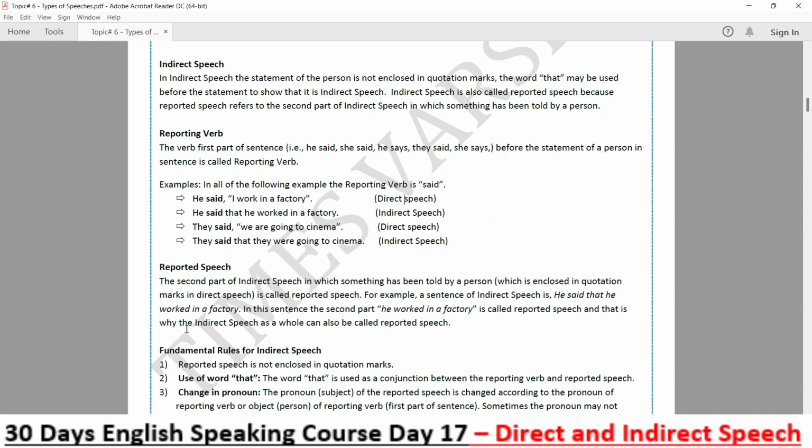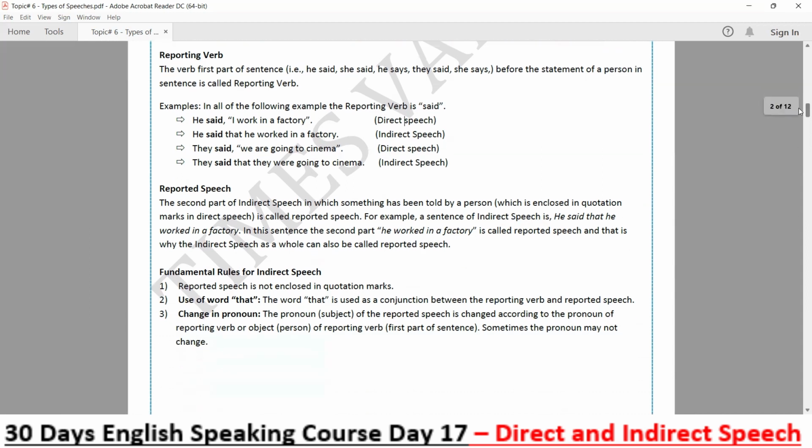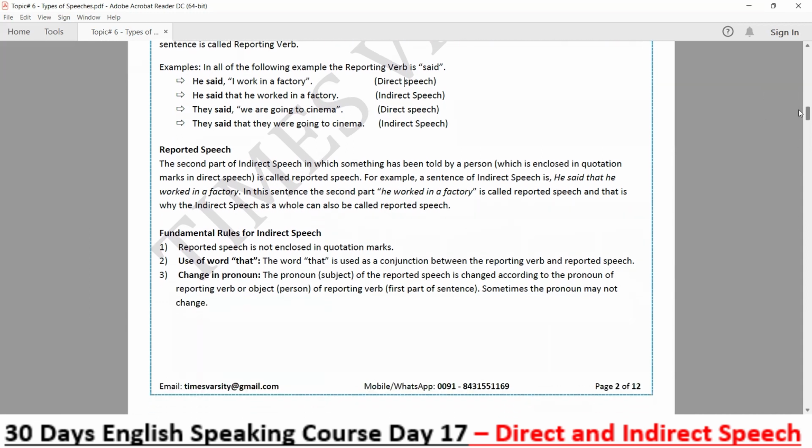Okay, and that is why the indirect speech as a whole can also be considered as reported speech. So, fundamental rules for indirect speech. Reported speech is not enclosed in quotation marks.